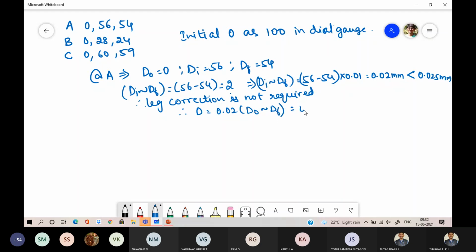Calculate the value: 0.02 into 100 minus 54. How much are you going to get? That will be your deflection value. At point B, how much will be the deflection? What is the deflection value?